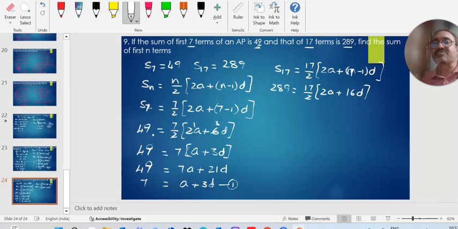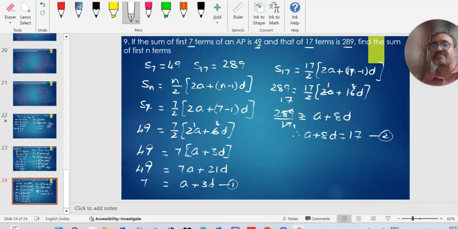So cut చేస్తే 2 1s 2 8s. 289 ఈ 17 వస్తే బై 17 అవుతుంది కదా. 2తో కట్ చేసాం కదా a plus 8d. సో 17 ఉంది 17 17 therefore a plus 8d is equal to 17. That is equation 2.